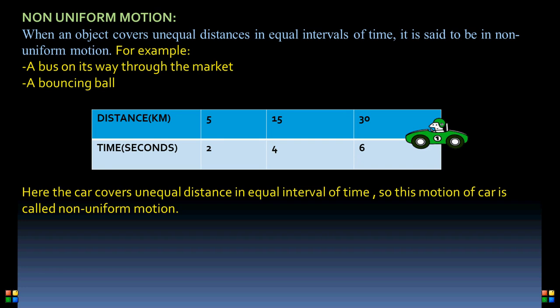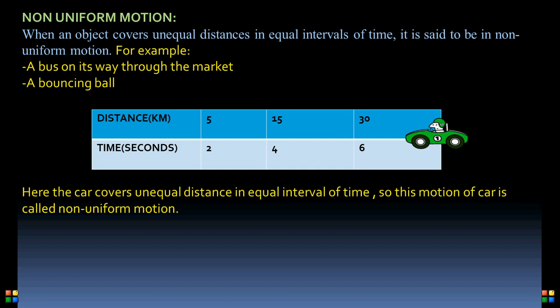And in another 2 seconds it covers 15 kilometers. It means it is not certain that the car will cover the same distance in the same interval of time. So we say that the motion of the car is non-uniform motion. I believe you all are getting it, right?